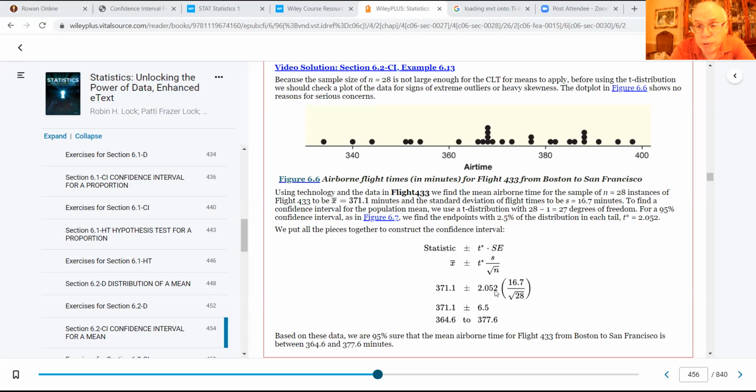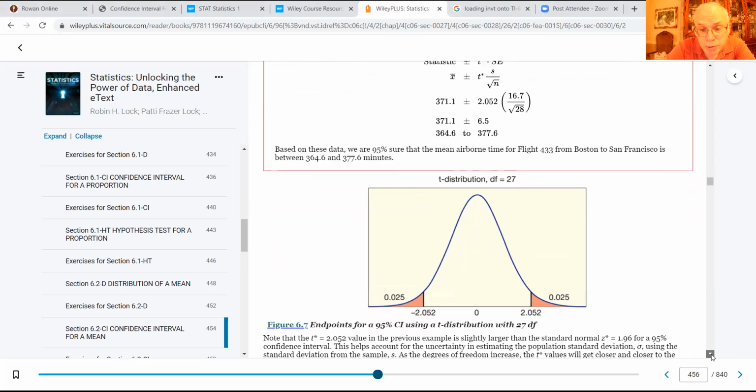So for proportions, we can use the Z. But when we have a confidence interval estimating population means, then we have a choice. We can use a Z or a T, depending on whether the sigma, the population standard deviation, is known. If it's unknown, we use a T. If it's known, we use a Z. Simple as that. And that's it. That's how easy this is.